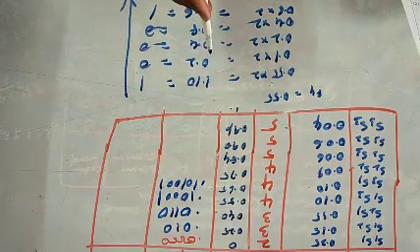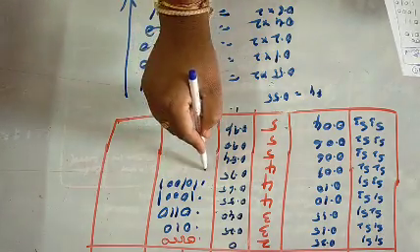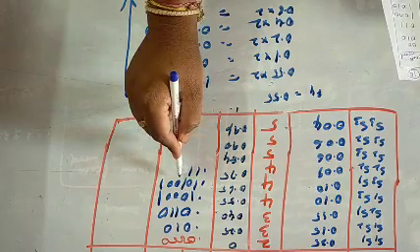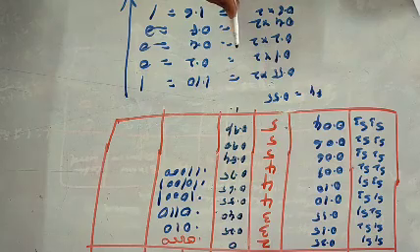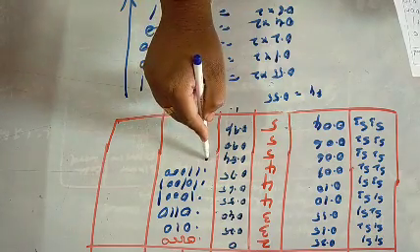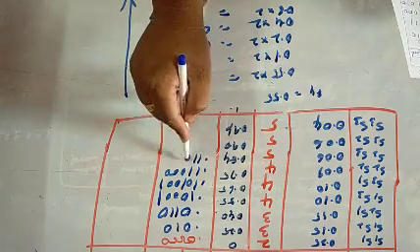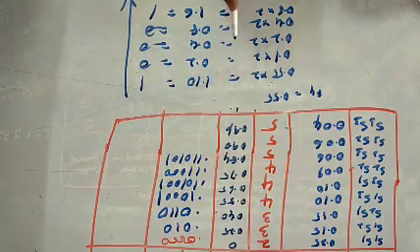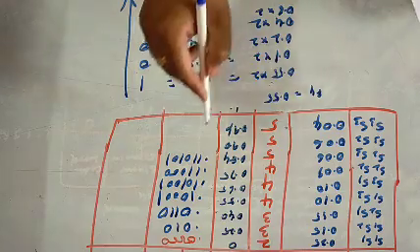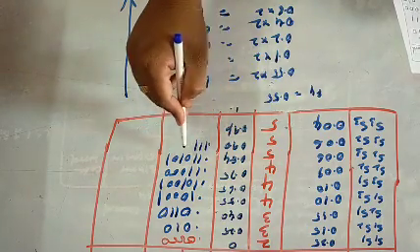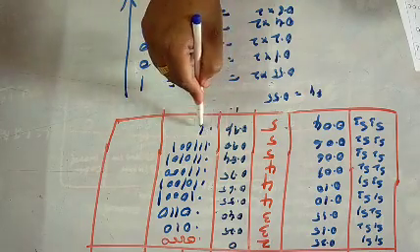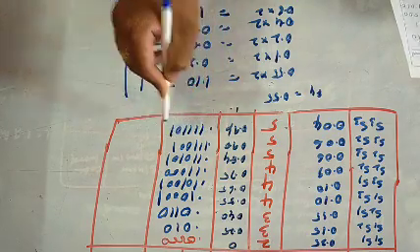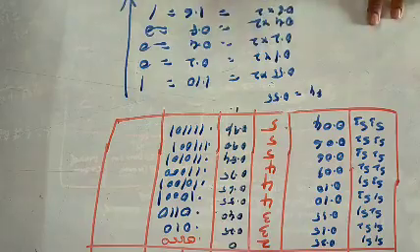For 0.75 we get this as 0.111000. For 0.84 we will get this as 110101. For 0.90 we will get this as 111001. For 0.96, 0.11110 followed by 01. This is how we get the binary expansion.